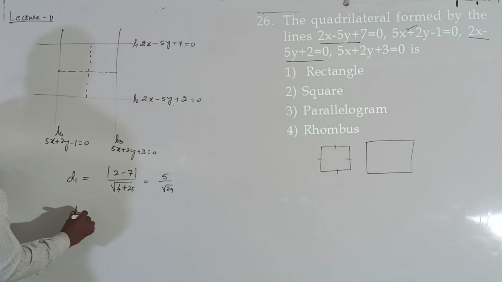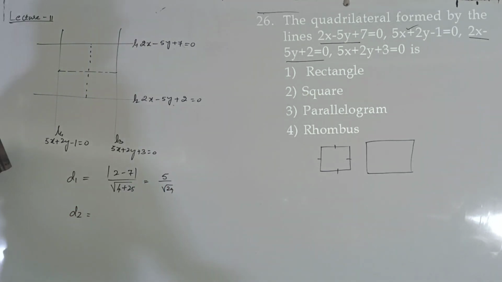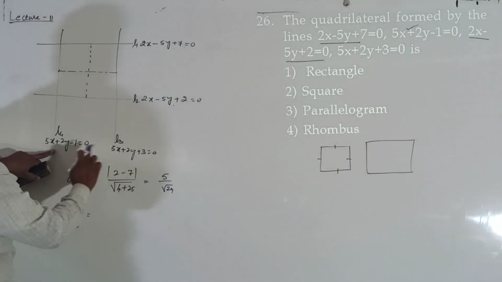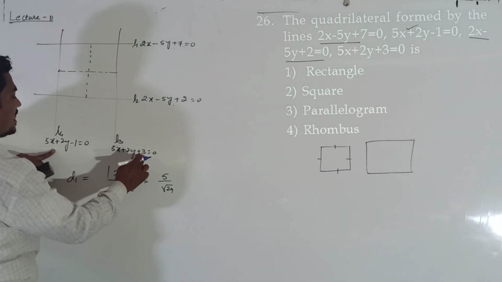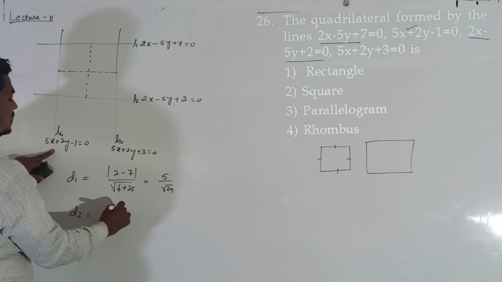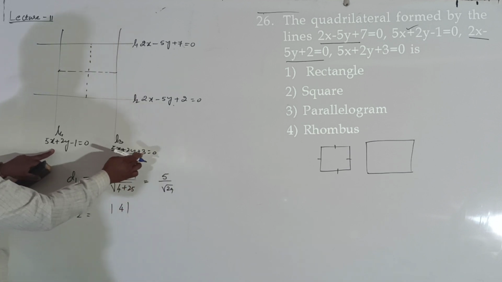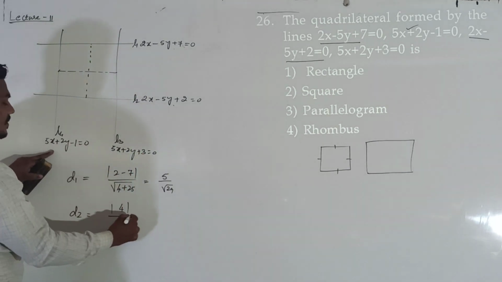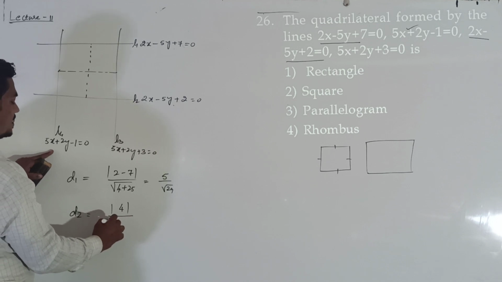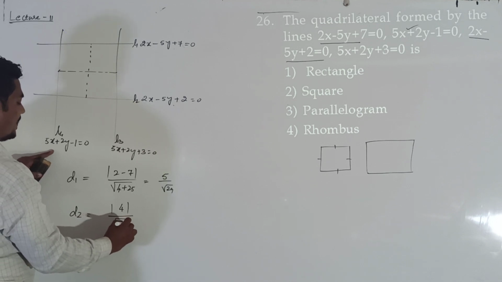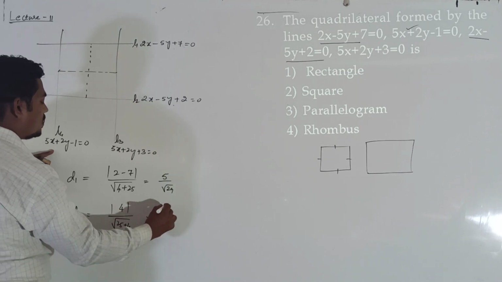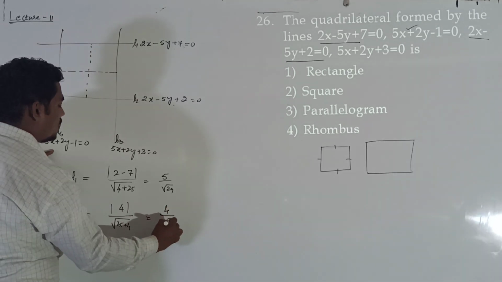Similarly, find the distance between L3 and L4, that is modulus of C2 minus C1, that is 4, because 3 minus of minus 1, divided by a square plus b square, that is 25 plus 4, that's equal to 4 divided by root 29.